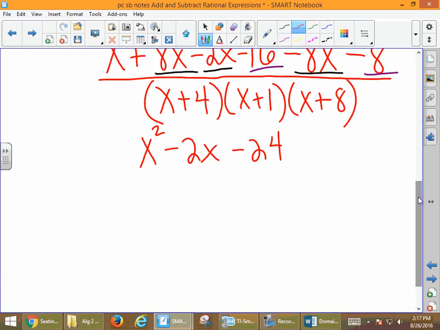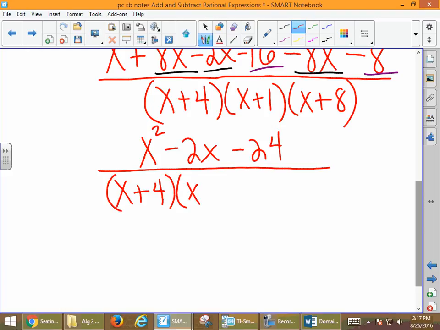And then our common denominator of x plus 4, x plus 1, x plus 8. So we hope we're done. We keep our fingers crossed that we're done. But the question is, do you think we can factor that numerator? And I think we can factor that numerator.